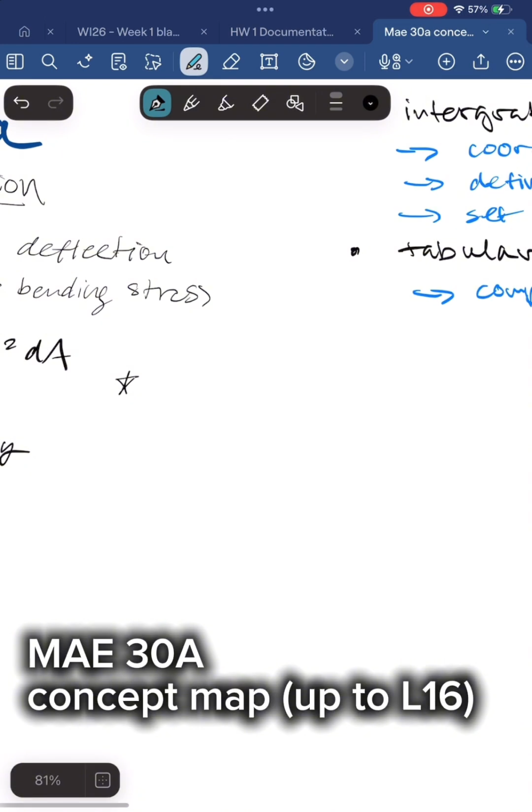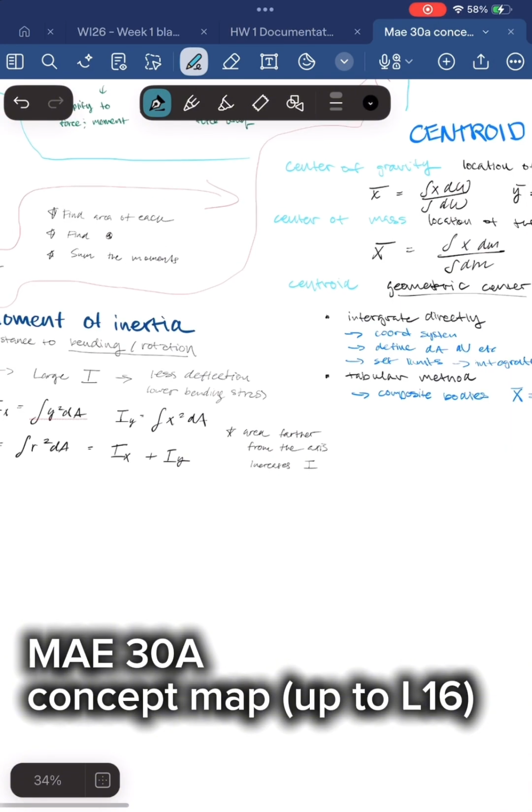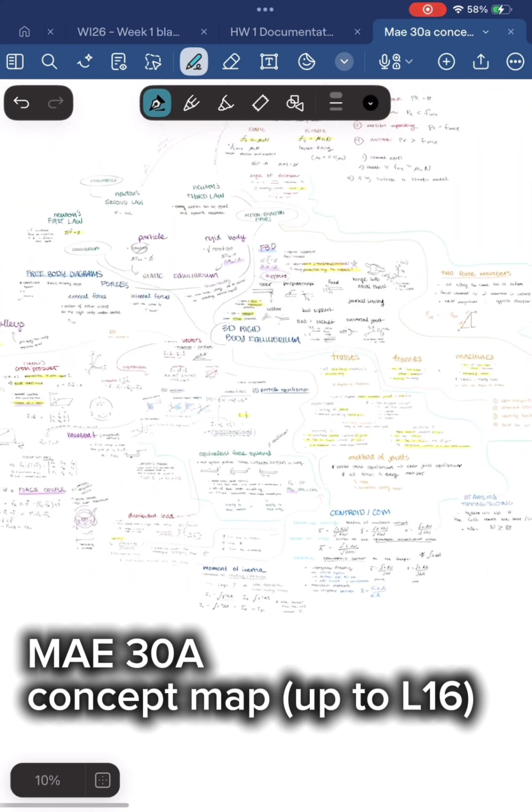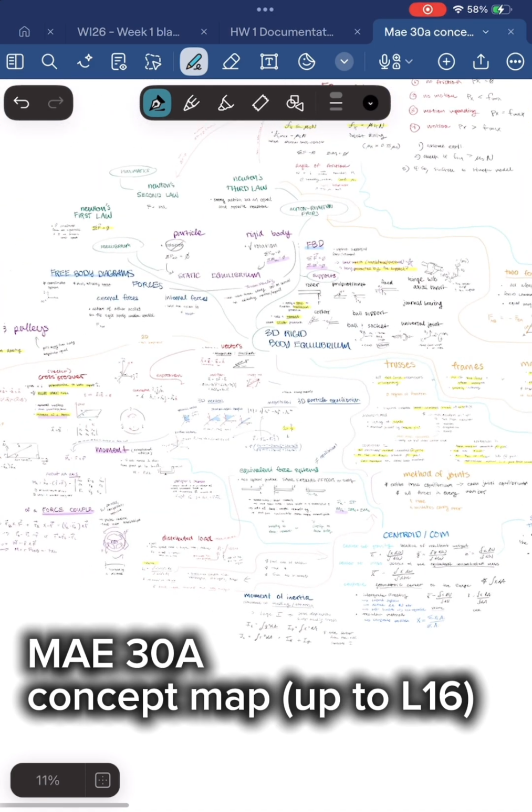The key idea is that an area farther from the axis increases I. This is similar to moment.